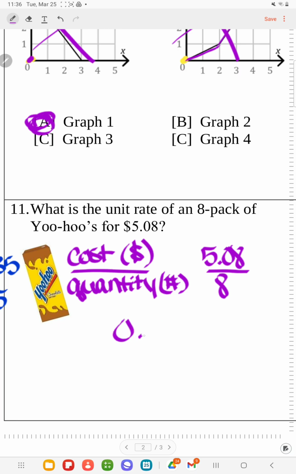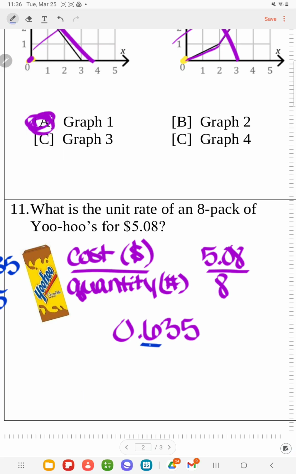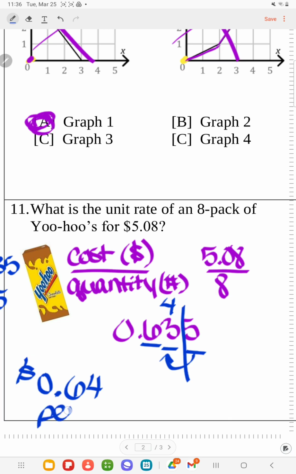And we get 0.635. That does not look like money. Money can only go out 2 decimal places. 1, 2, line. The 5 tells the 3 to up the score. So 64. $0.64 per Yoo-Hoo.